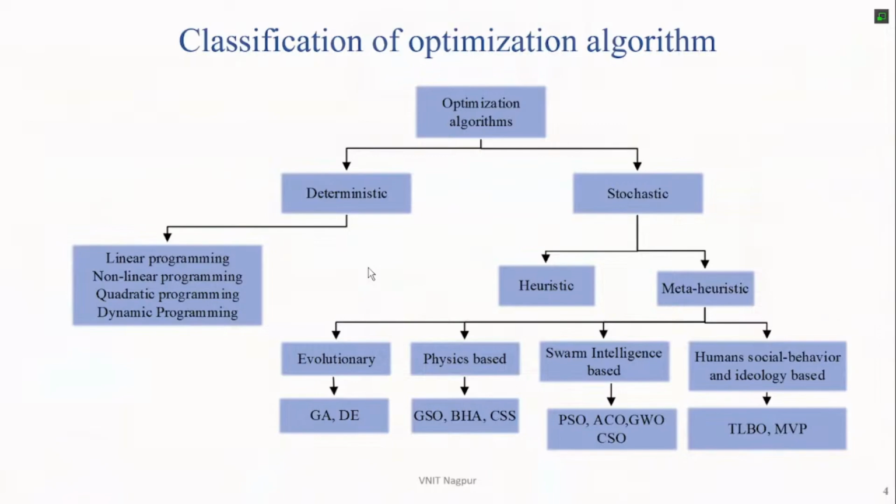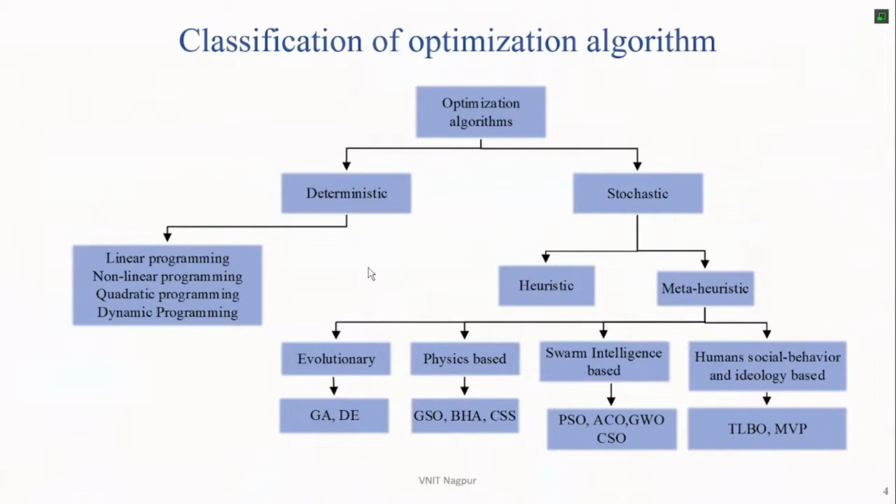And if it is uncertain in nature or based on stochasticity, then we can solve the same problem using heuristic or meta-heuristic algorithms. Now again, meta-heuristic algorithms can be classified into several parts. These are a few parts I have shown. It can be an evolutionary algorithm such as the genetic algorithm.